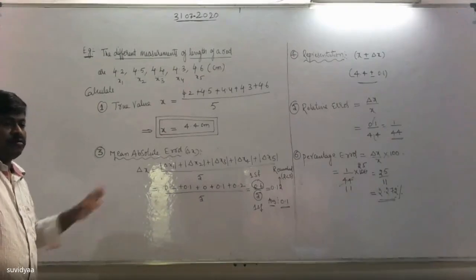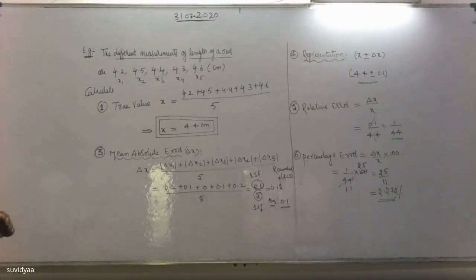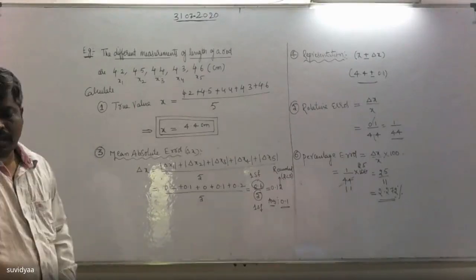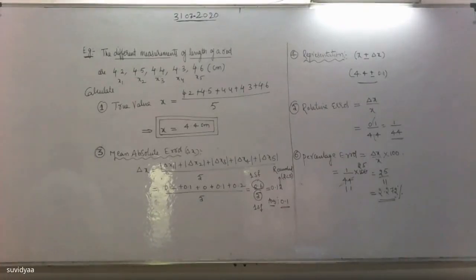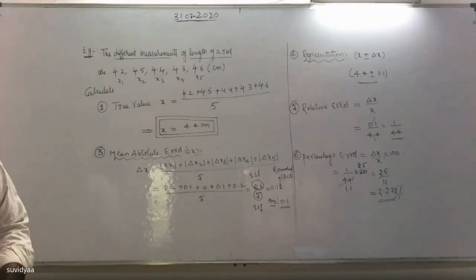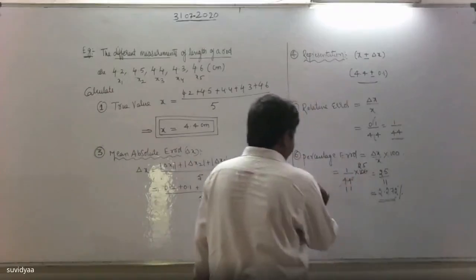Concept understood? No? Okay. Percentage error 2.3, sir. 2 point, how much 3? This is 25 by 11.